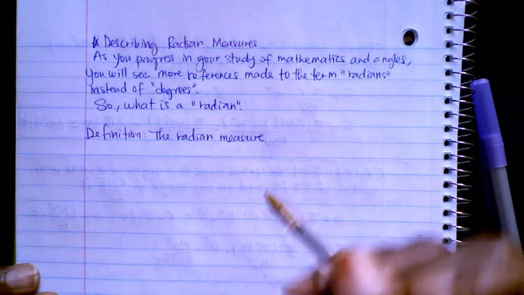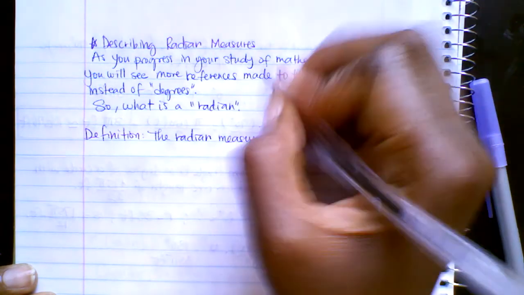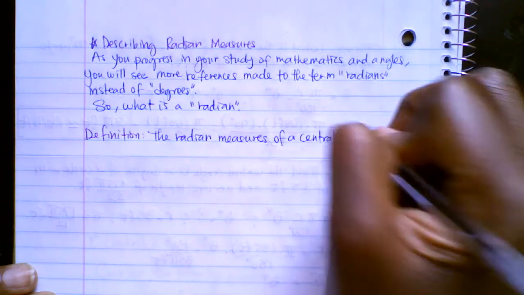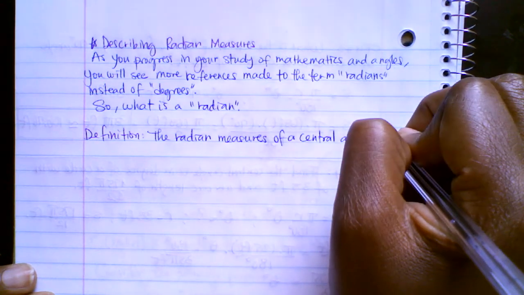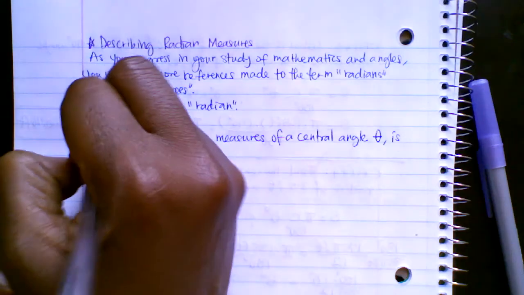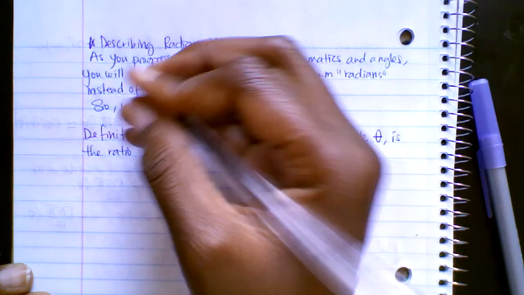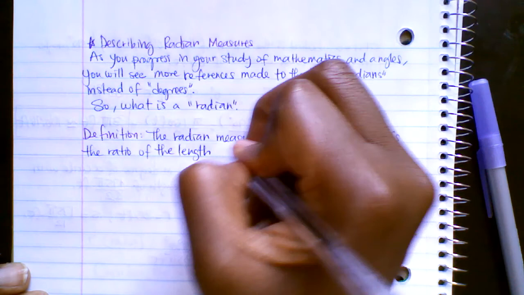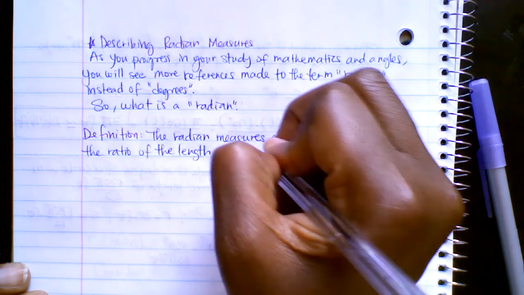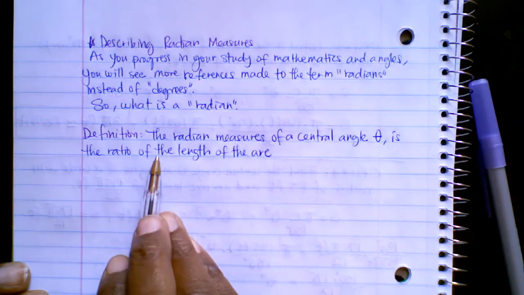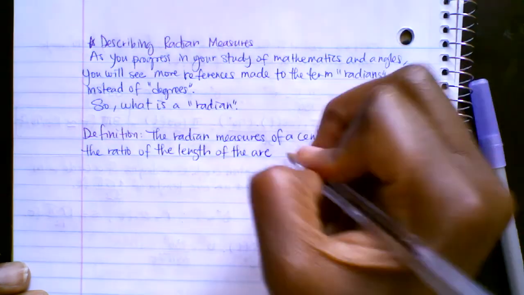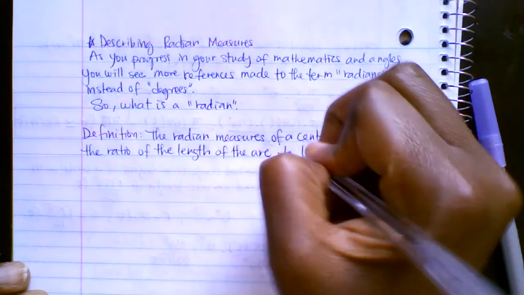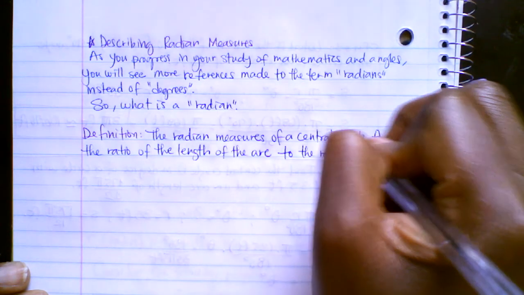The radian measure of the central angle theta is a ratio of the length of the arc S to the radius of the circle.